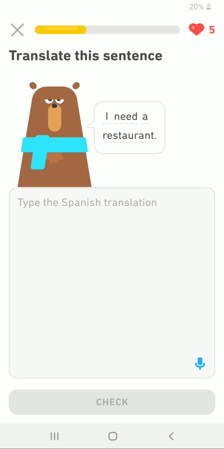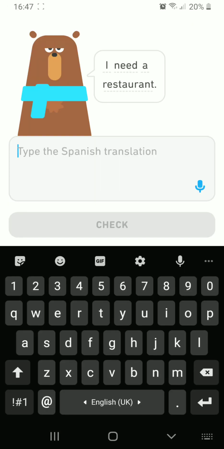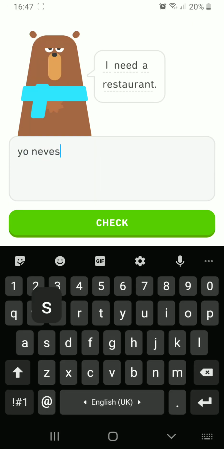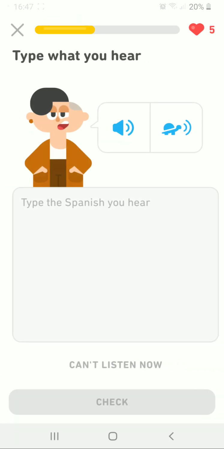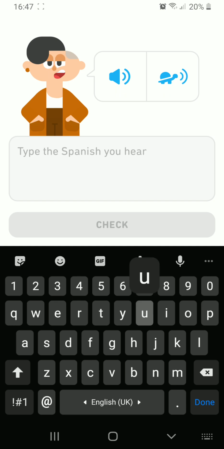I need a restaurant. So yo necesito un restaurante. Un cinturón marrón.